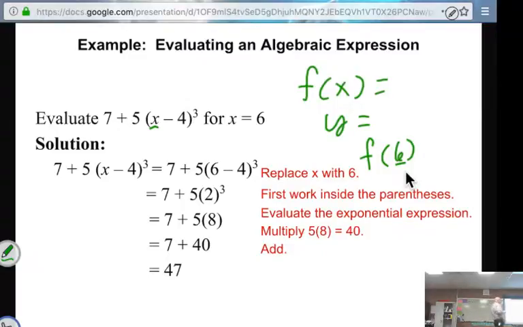And for anyone who's struggling going, Matt, I don't remember that. Remember that a function is something that has only one answer per point on the domain. In other words, for every x value, there's only one y. Now, it can be the same y over and over again. That's just fine.